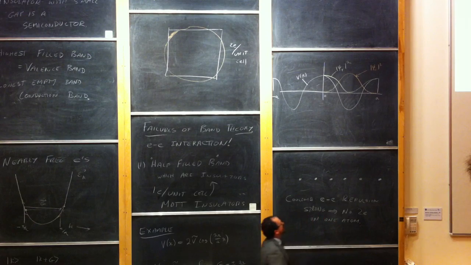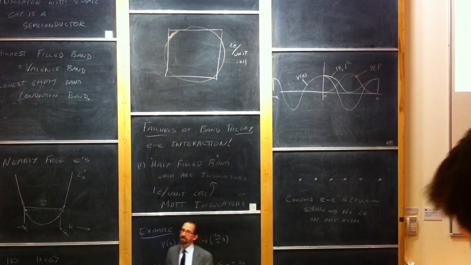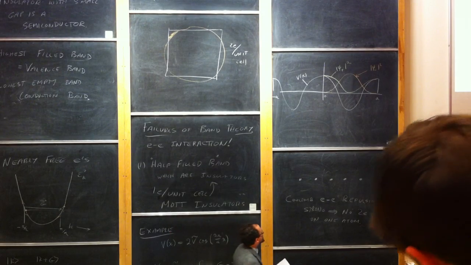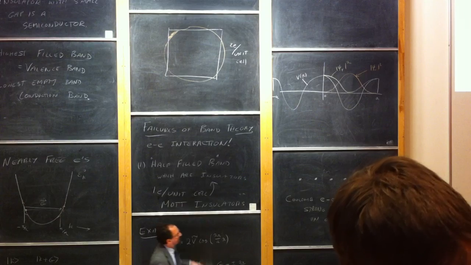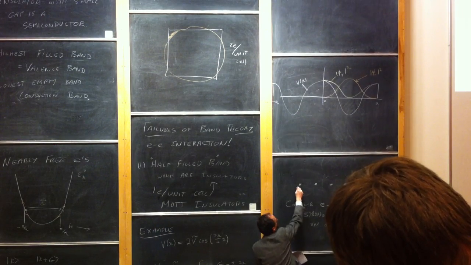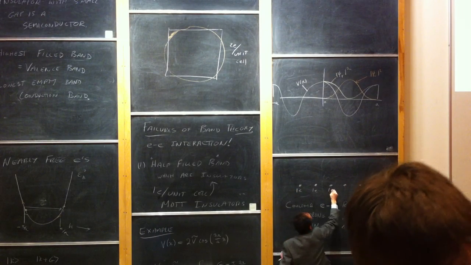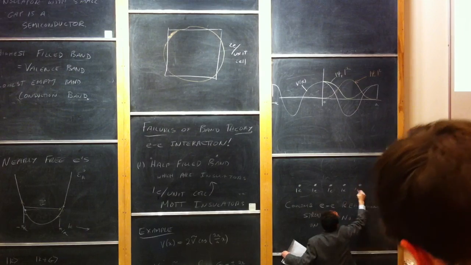Okay? So you can imagine having the electron-electron repulsion be so strong that 2 electrons will never sit on the same atom. In which case, if you have 1 electron per atom in this system, you get 1 electron here, 1 electron here, 1 electron here, and so forth.